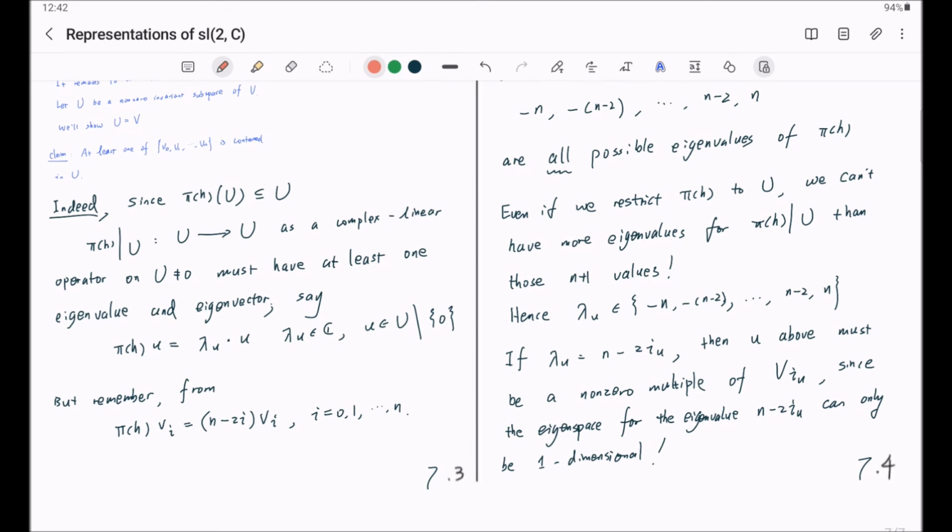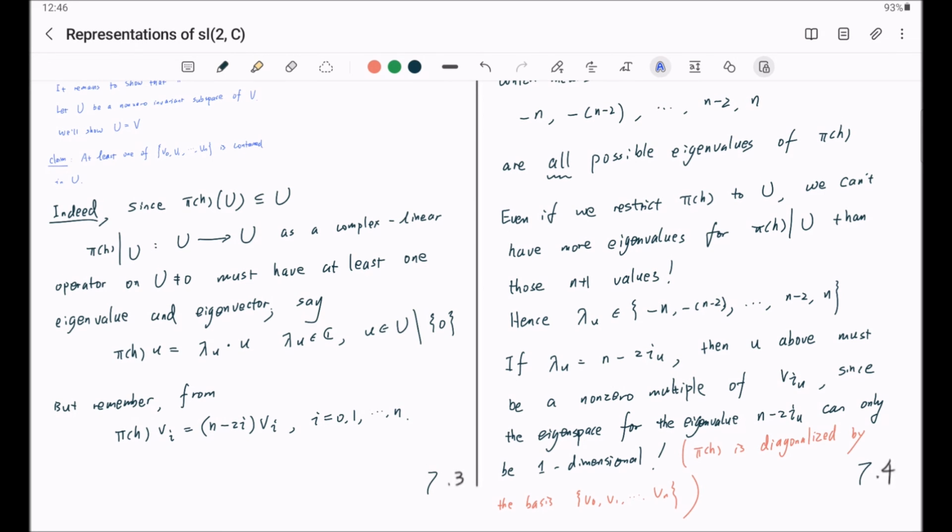To say this in another language, which might be more familiar to some of you, we can also say that pi of h is diagonalized by the basis v_0 through v_n. That we have n plus 1 different eigenvalues gives us that the corresponding eigenvectors must be linearly independent.